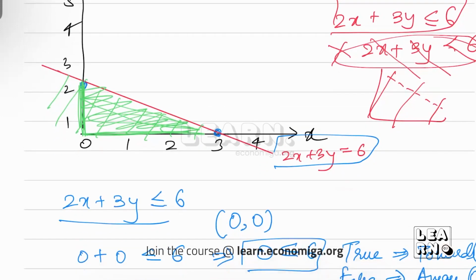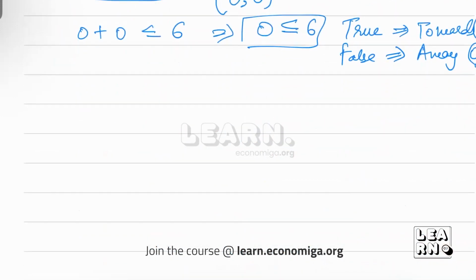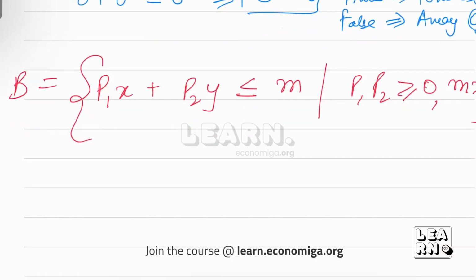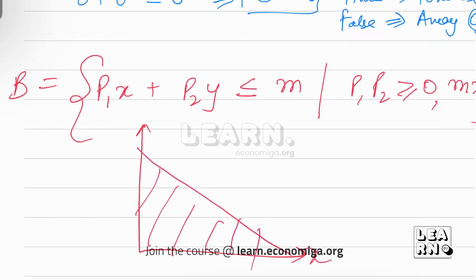But more generally speaking, a budget constraint P1x plus P2y less than or equal to M, for P1, P2 greater than or equal to 0, M greater than or equal to 1, is generally given as your budget constraint, and it is plotted like this, right? So this is a general form of budget constraints.